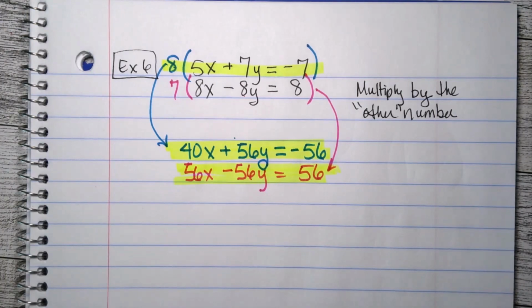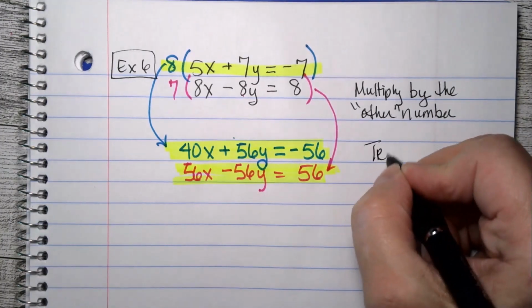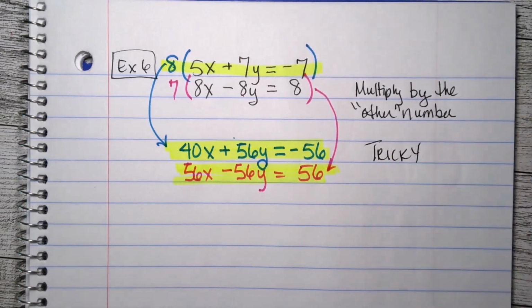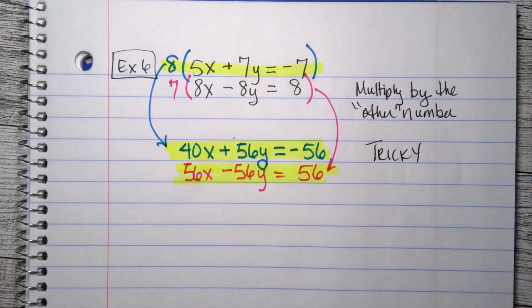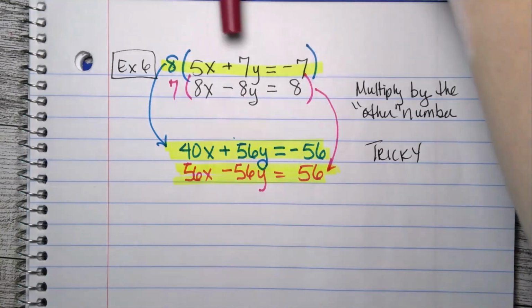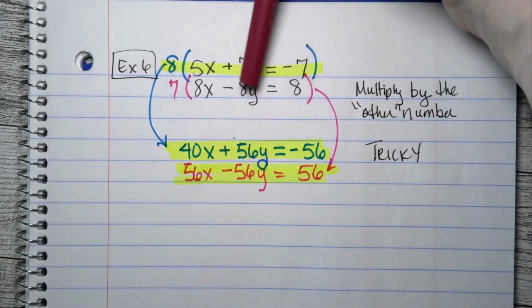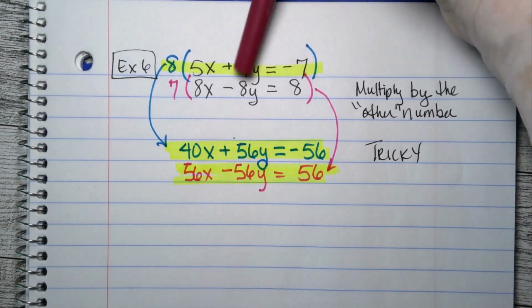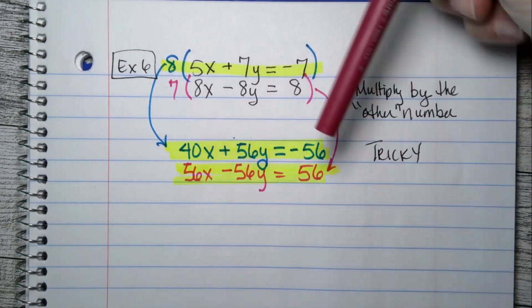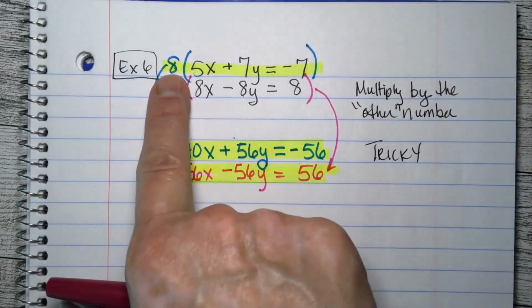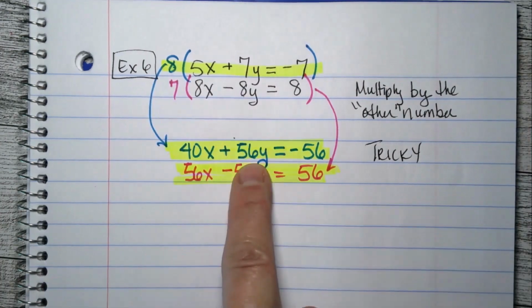All right, so I was super duper tricky on this one. This is tricky, tricky, tricky. First thing you do is you zone in on the variable that you want to cancel, and then you multiply by the other number. When I multiply by 7 times 8, I get the 56, positive.